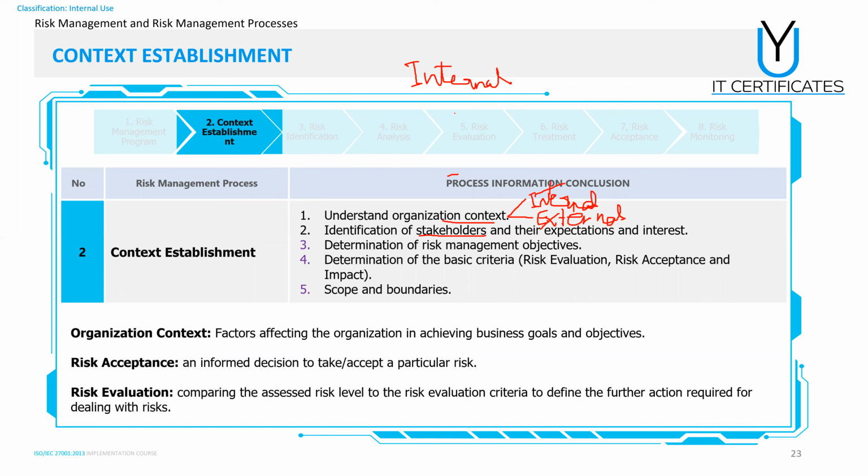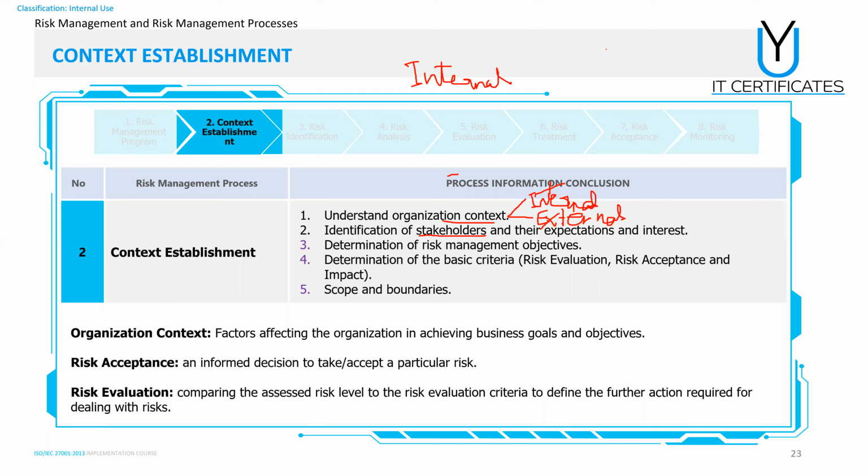Because this data is moved or exchanged in clear text, so I have to implement, for example, encryption. These are the expectations of the internal stakeholders, and this will affect the risk management, because all these points which we mentioned are considered as risks, and they should be highlighted by the risk management program.